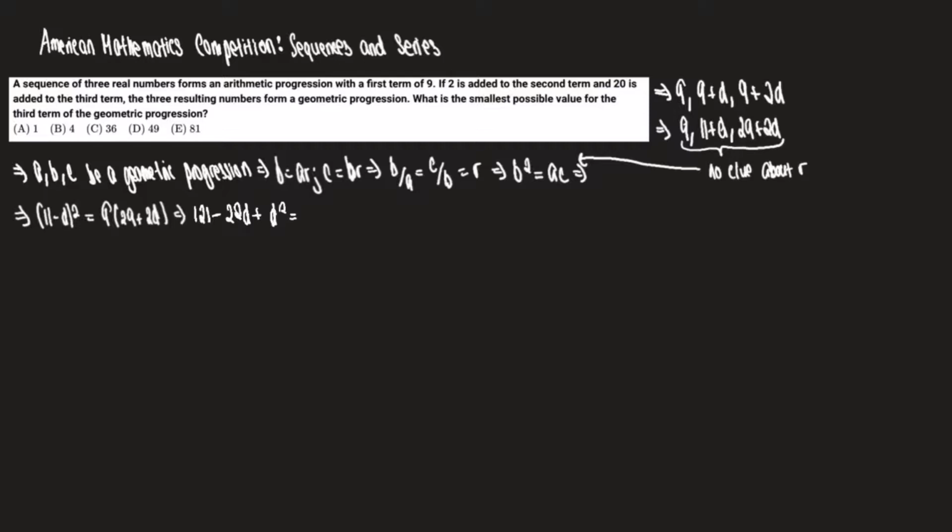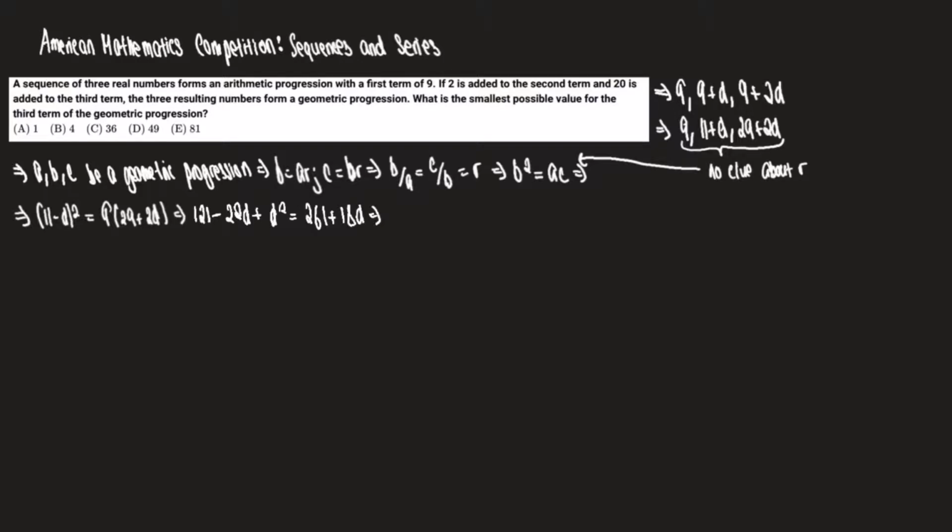And 9 times 20, that's going to be 1 less than 200, so that's going to be 180. And we have to add 81 to 180, so that is 261. All right, so we got 261, just 261. There's no D value after that. And we got 9 times 2D, which is 18D.